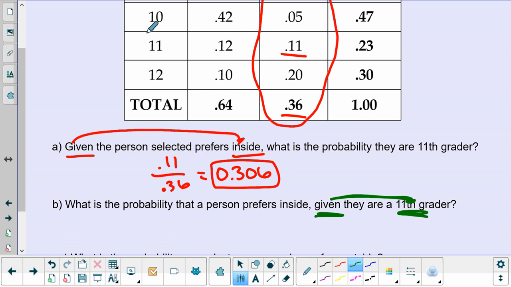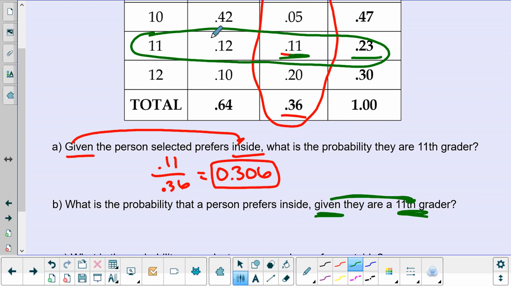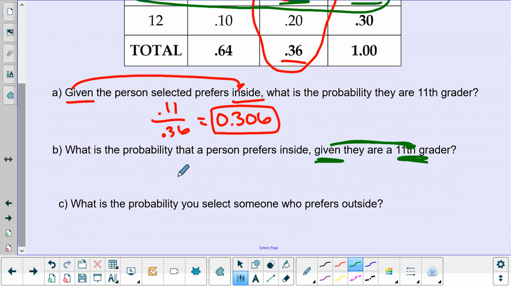So I'm looking at the same successes, but I'm looking at a different total. Given that somebody is an 11th grader means I'm in this row, and my total is 0.23. I'm back at this 0.11, which is what I also used in part A, but my given condition is different. So I need to be in the green row instead of the red column. So I have 0.11 out of 0.23.